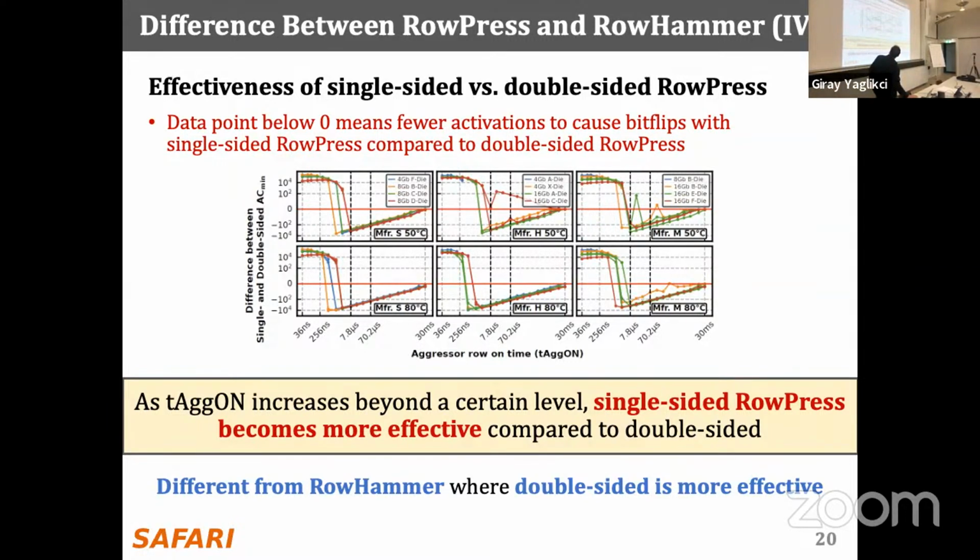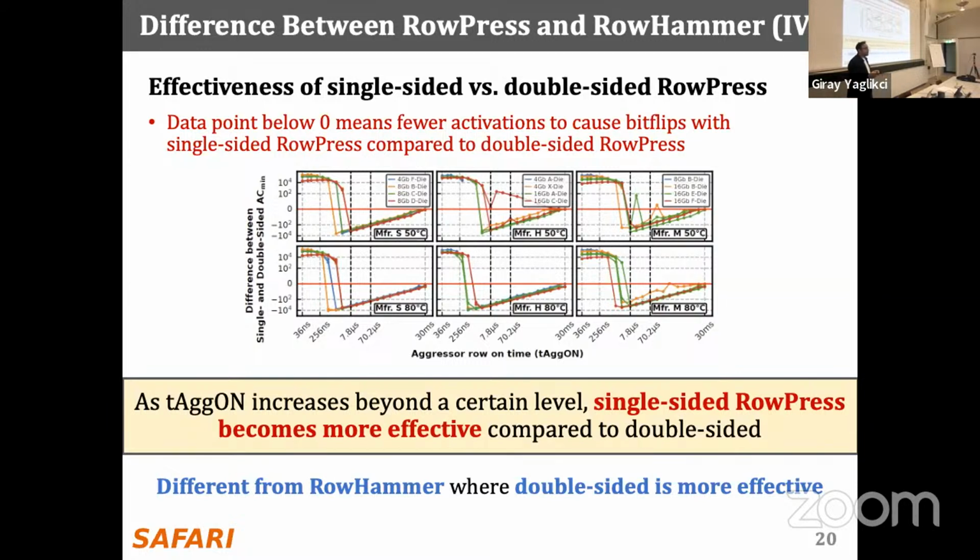If the diff is below 0, then fewer activations are necessary to cause bit flips in single-sided RowPress compared to double-sided RowPress. As you go from left to right, you make RowPress a more dominant read disturbance phenomenon. Then the single-sided access pattern becomes more effective than the double-sided one. And this is completely opposite of RowHammer. Actually, you can see the RowHammer point here as well on the left side.